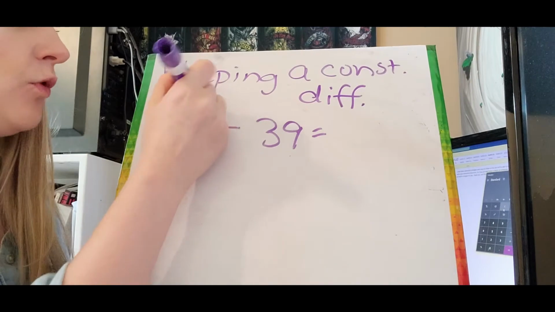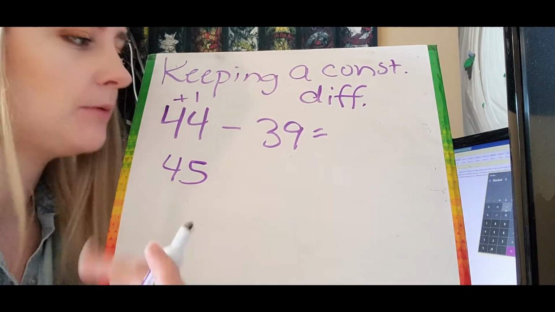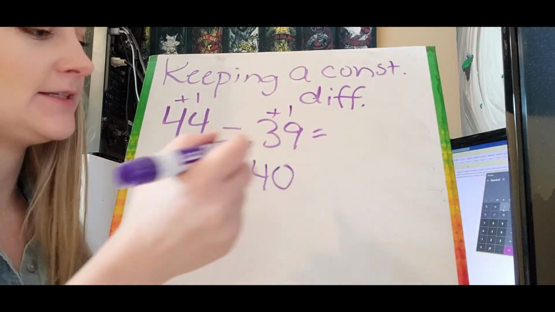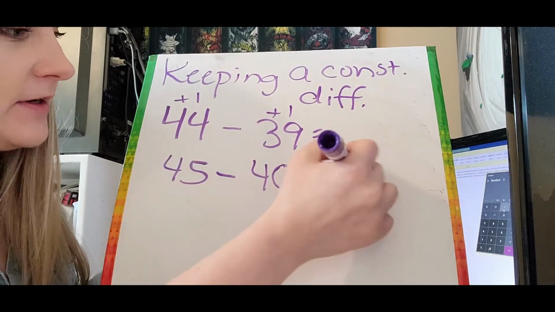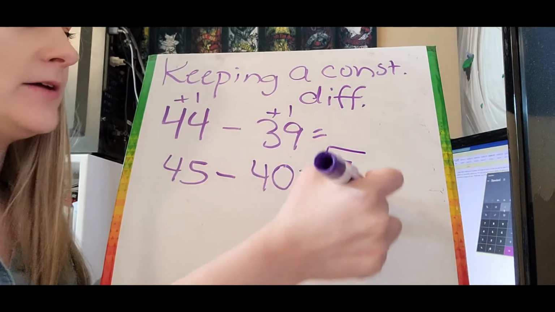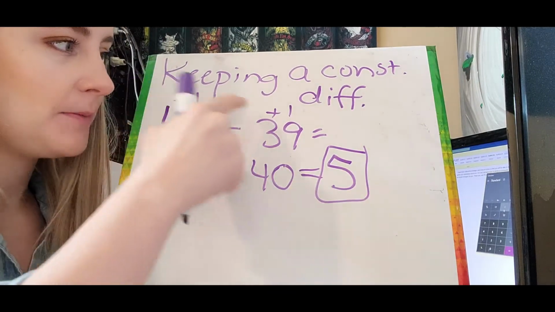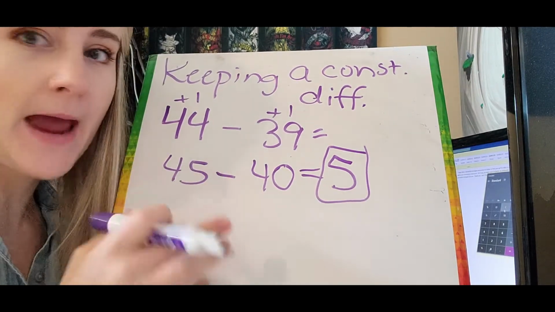So we're going to add 1 to 44 to get 45, because that's just a nice, easy, friendly number. And we're going to add 1 to 39 to give us another nice, easy, friendly number. And that is going to give us 5. Okay? And we don't have to add or subtract anything at the end here, because we kept the difference constant. So it was balanced the whole time.